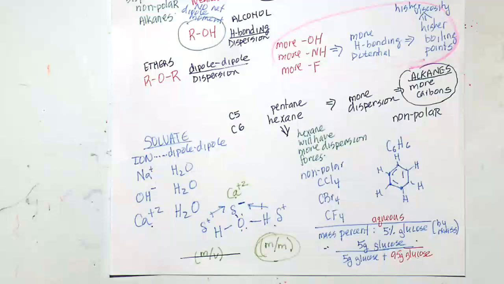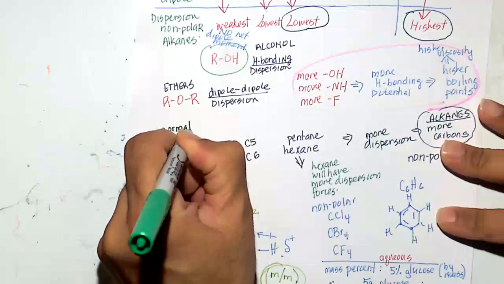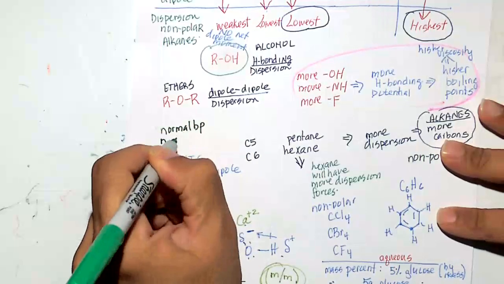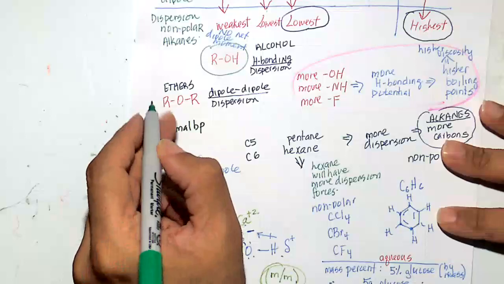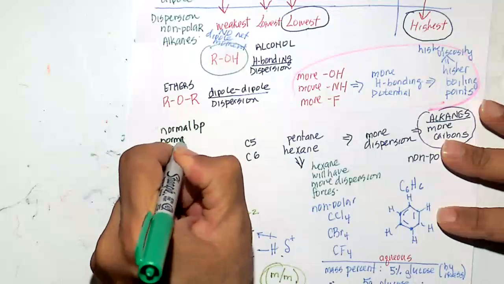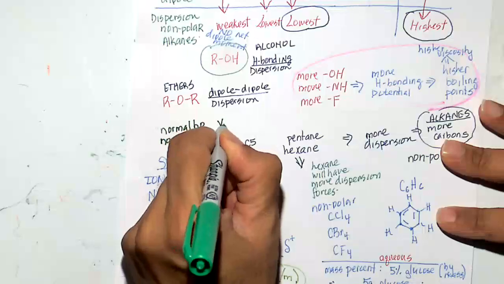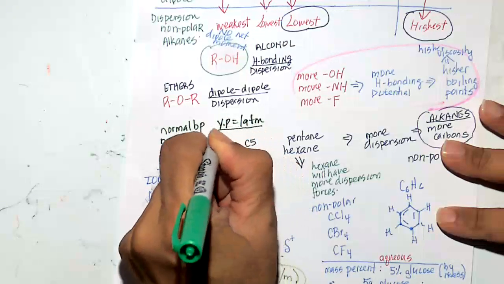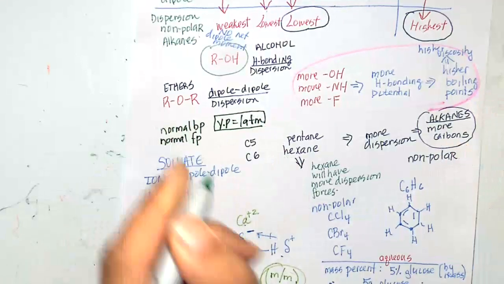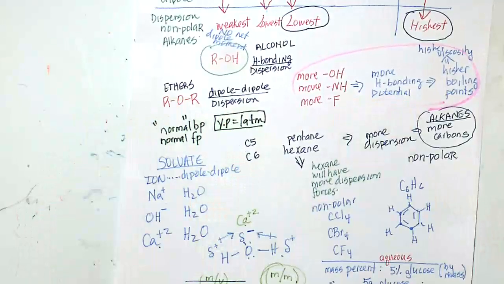Normal means 1 atmosphere. So we have something called normal boiling point. I don't know about normal freezing point, but maybe that's also in the literature. But that means the vapor pressure is 1 atmosphere, or the pressure is 1 atmosphere. That's what normal means.